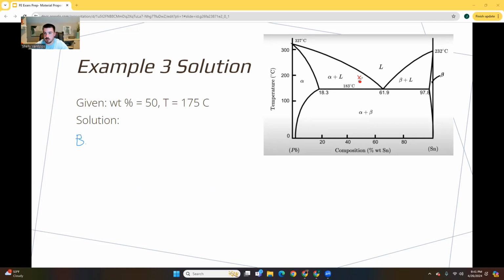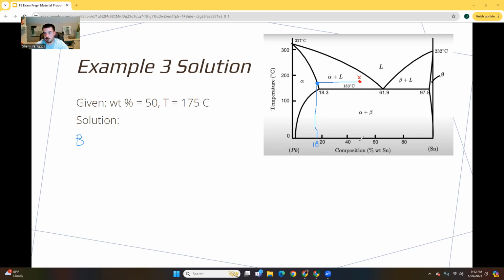So we'll extend this back over here. This is where alpha is. A little bit more of a straight line here. It ends up somewhere right around, I would say, 18% composition.